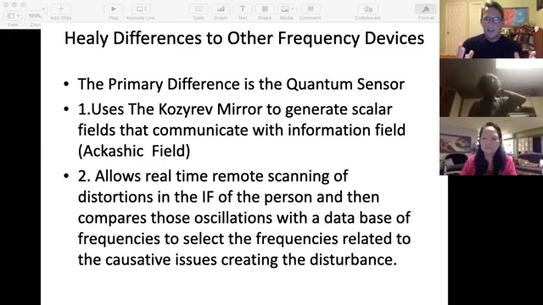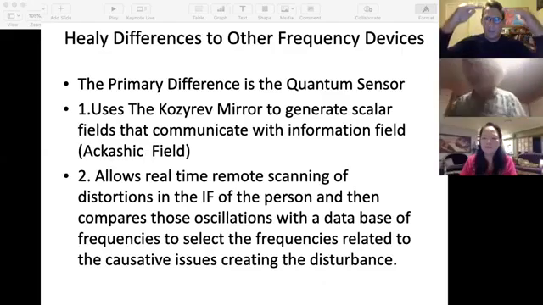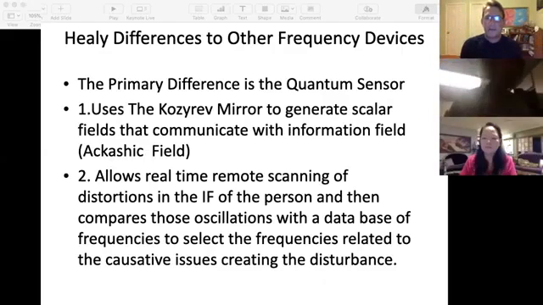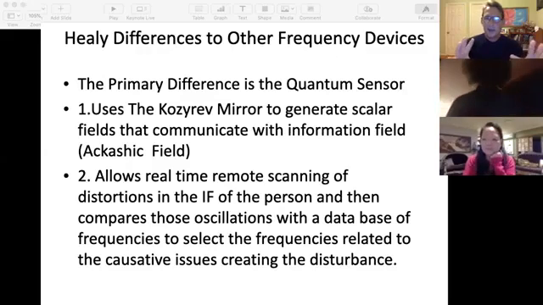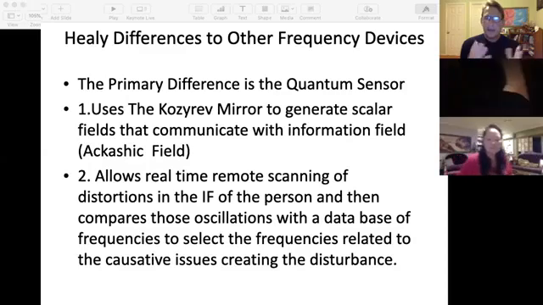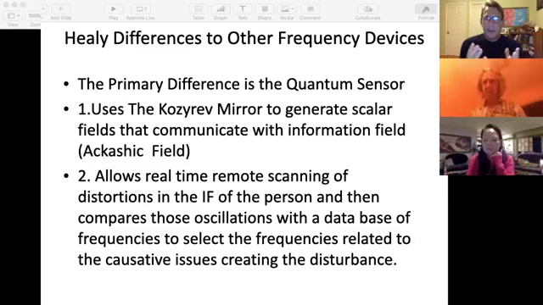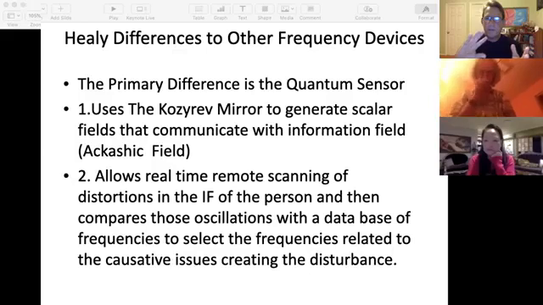Okay, so that's the first thing. It has to be shielded from the Earth's electromagnetic field in order to access a field that's above the Earth's electromagnetic field. The second key aspect is that the chamber is made out of particular metals, and it allows the waves generated from oscillating electrons to bounce off the sides of the chamber so that they neutralize each other and form what we call scalar energetic fields.